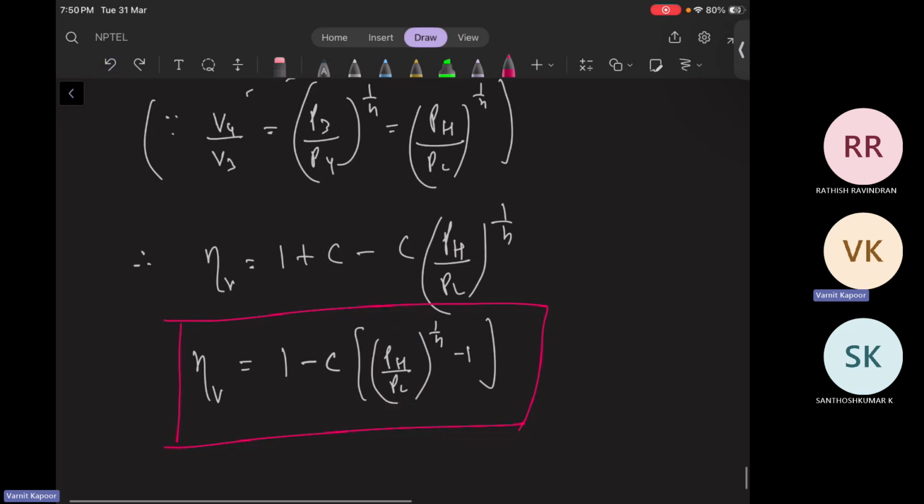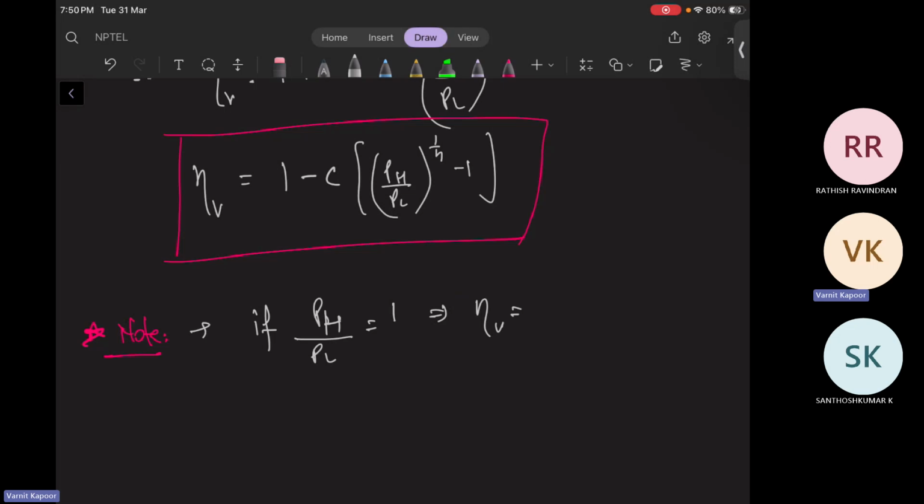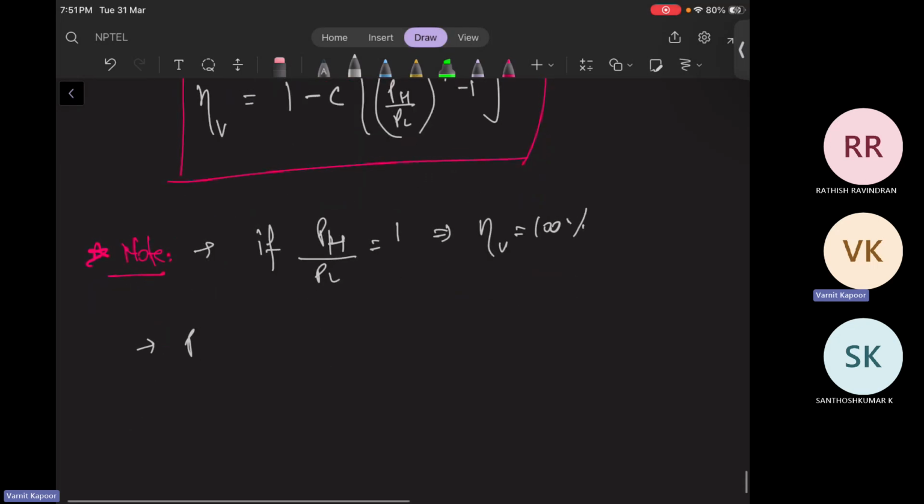So I'm writing a few points here as notes. First, if P higher by P lower is equal to 1, your volumetric efficiency is 100%. Second, if we increase the P higher by P lower ratio, your volumetric efficiency is going to decrease.